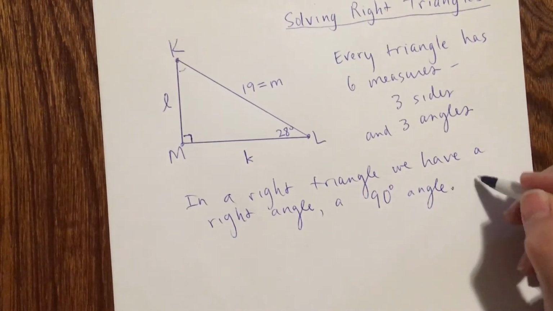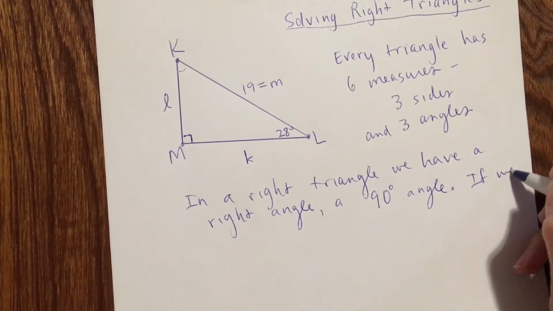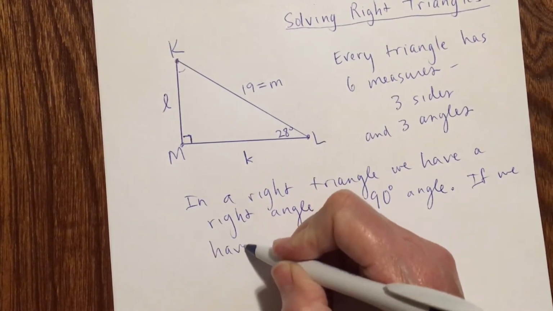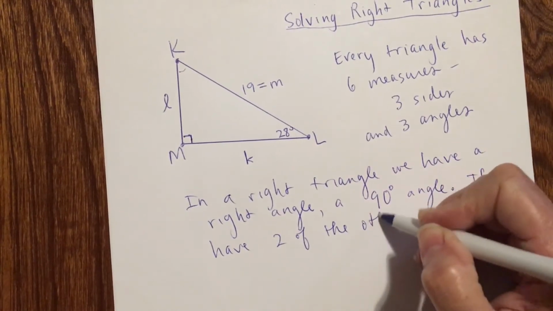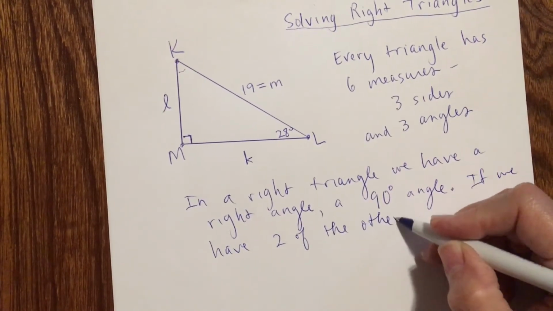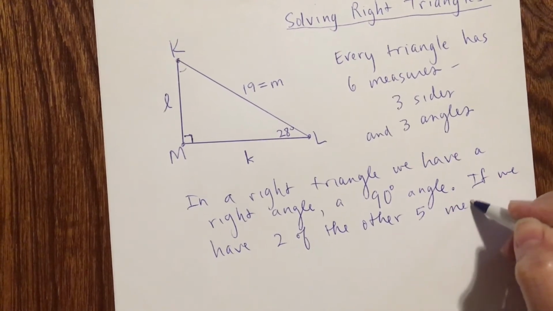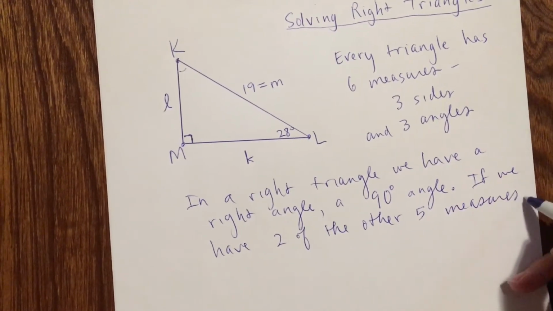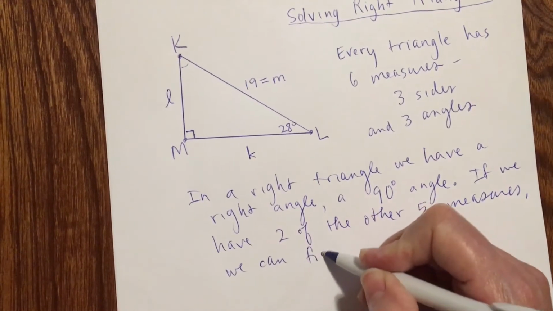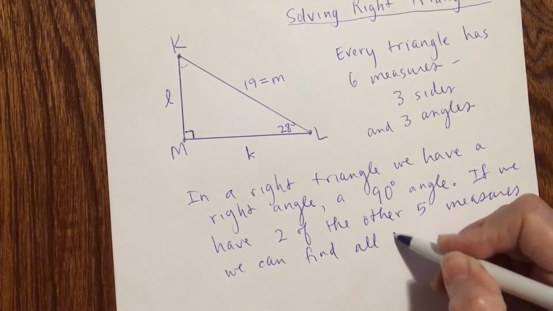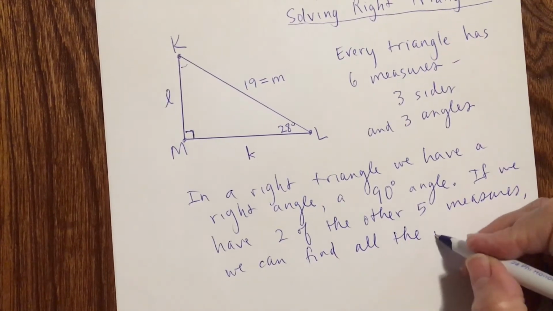If we have 2 of the other 5 measures, we can find all the missing ones.